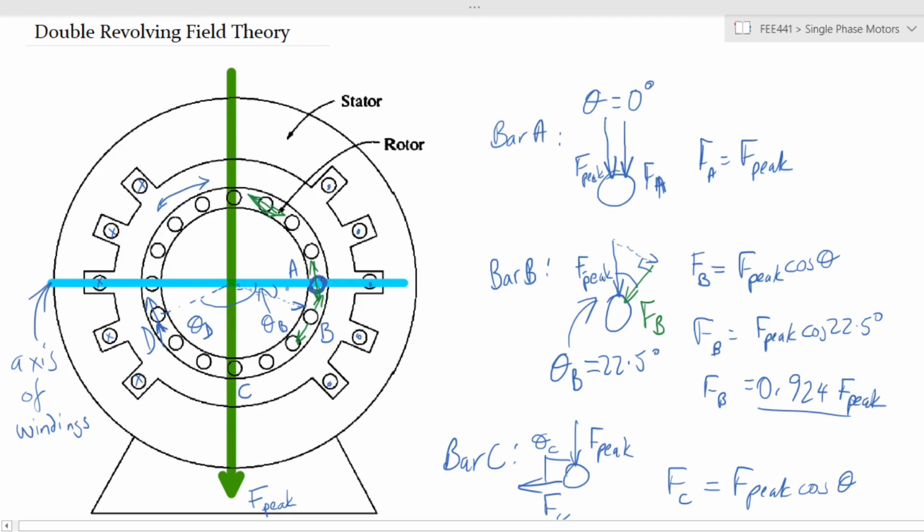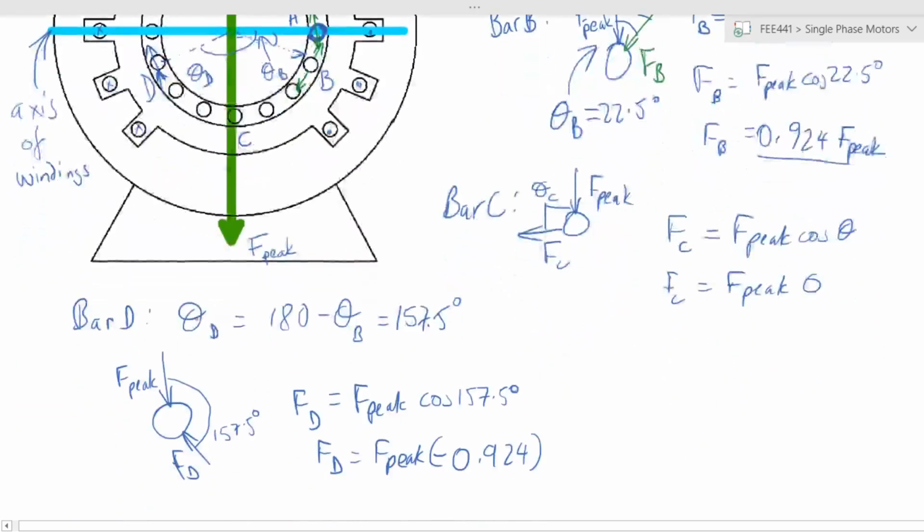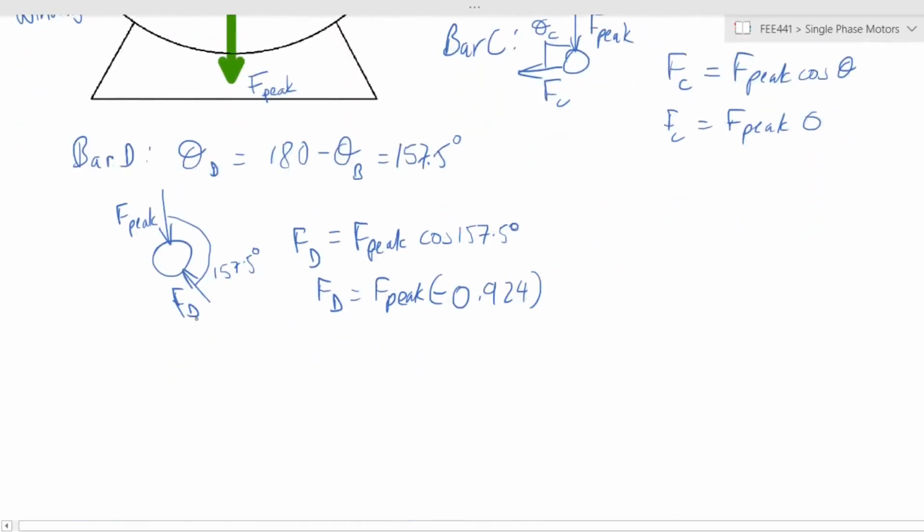So the forces on the right-hand side cancel out with the forces on the left-hand side. What does this show us? This shows us that there is a series of fields that is canceling each other out.